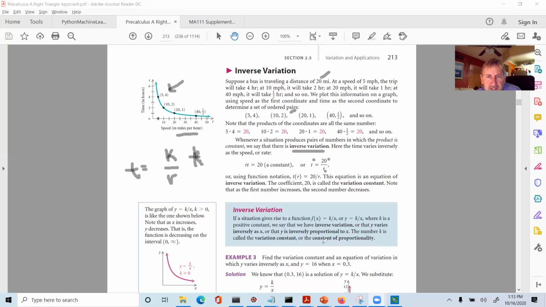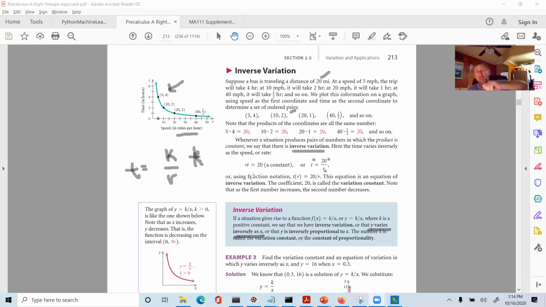And here we would say that y varies inversely as x, or in this case, the time taken for the bus varies inversely as the speed. So inversely means 1 over, just like when we did the perpendicular slope.